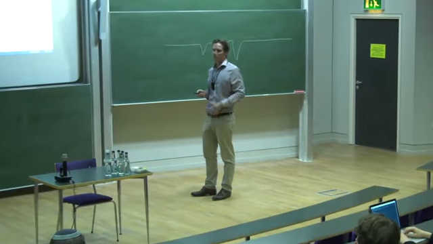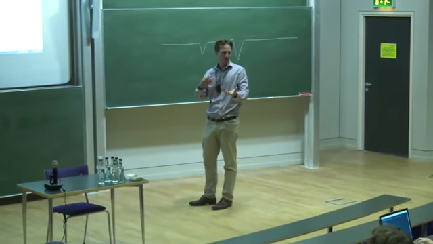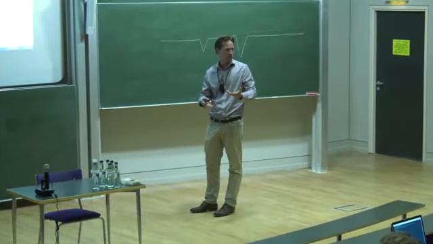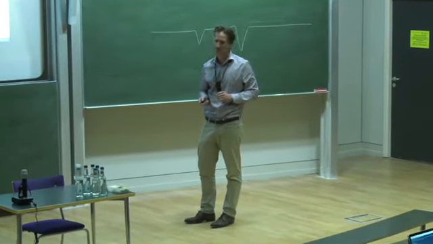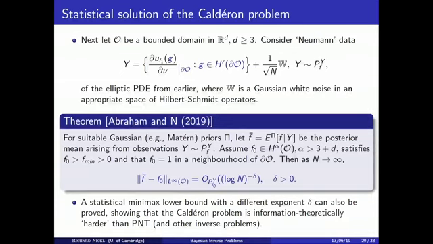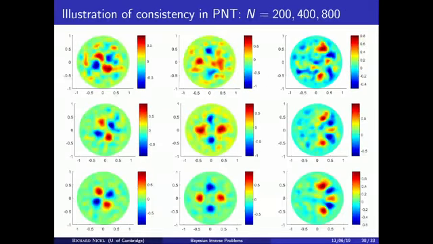Yeah? So in some sense, in the world of inverse problems, some are harder than others, and this can be made rigorous in a statistical fashion by analyzing these information theoretic convergence rates. Just to illustrate, we did in the neutron tomography case, you can sort of illustrate how the posterior mean improves when you actually take more measurements. So in the simulations, you see this here.